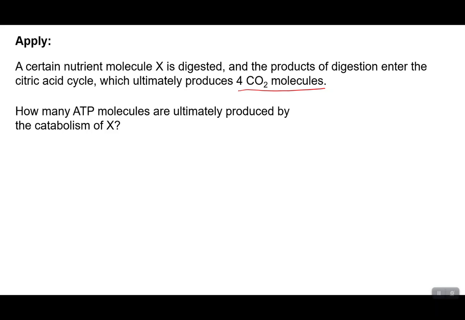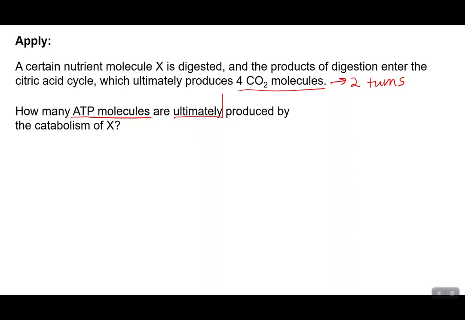So if we're producing a total of 4, well, 4 divided by 2, that's going to give us 2 turns. So here we are having 2 turns in the citric acid cycle, each turn producing 2 carbon dioxides. All right, so now the question is, how many ATP molecules are ultimately produced? Ultimately means once it goes through the electron transport chain and oxidative phosphorylation.